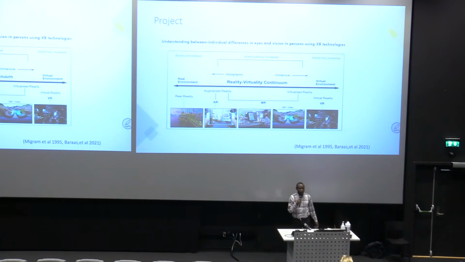They may not be able to see very far, or they may not be able to see very near, or they may have a problem with coordination of the eyes. Yet we are implementing the same technologies for everyone. So the question of individual differences comes in, and my project is looking at these individual differences in the context of the eye and vision.